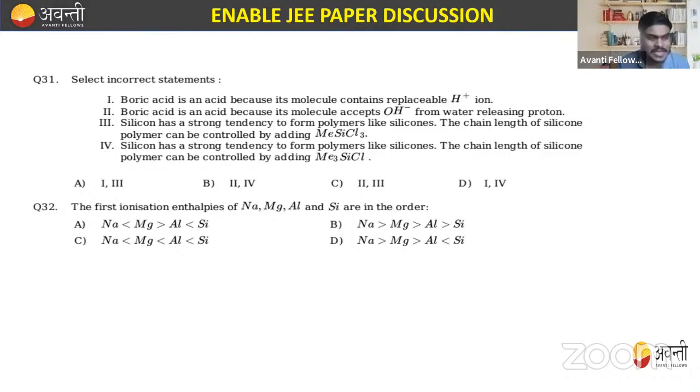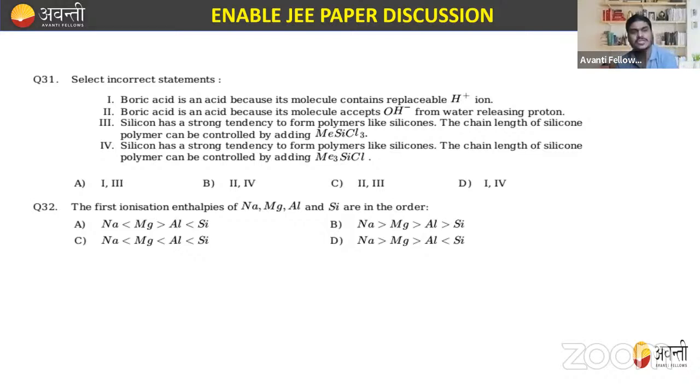The first statement says that boric acid contains replaceable H plus ion, which is not correct. And the next one says silicon has a strong tendency to form polymers like silicones, and the chain length of the silicone polymer can be controlled by adding it. This is not the correct way. I hope this question is very clear to you.